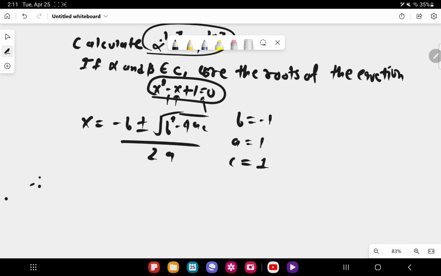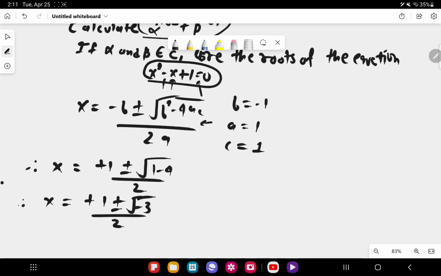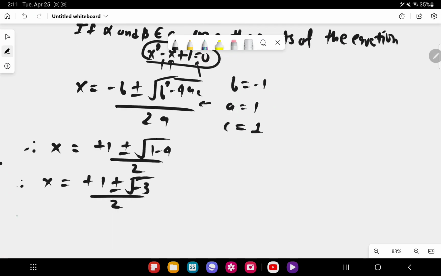So let's substitute the values of a, b, c into this equation, and therefore the equation becomes x is equal to plus 1 plus or minus square root of 1 minus 4 over 2, and therefore x is equal to 1 plus or minus square root of minus 3 over 2, and therefore this equation has two distinct complex roots, correct?